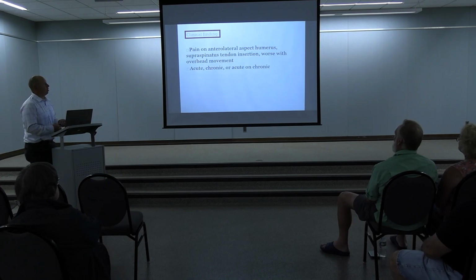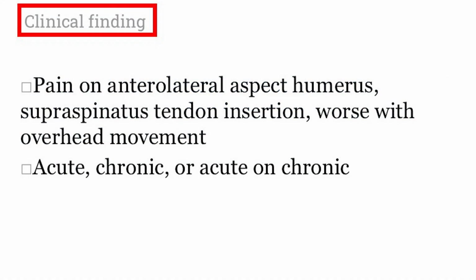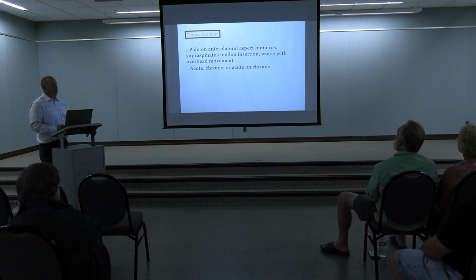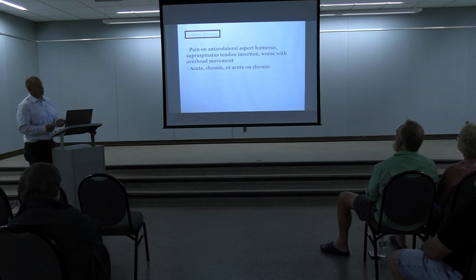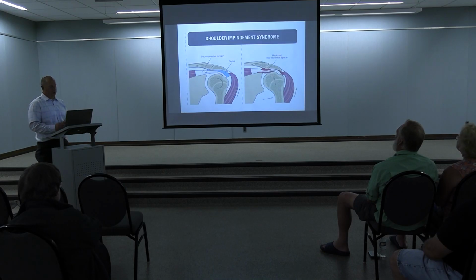So, common clinical findings of impingement syndrome: you often have pain on the anterior aspect of the shoulder, sometimes the anterior lateral aspect of the shoulder, where the supraspinatus tendon of the rotator cuff inserts. Can be acute, chronic, or acute on chronic.